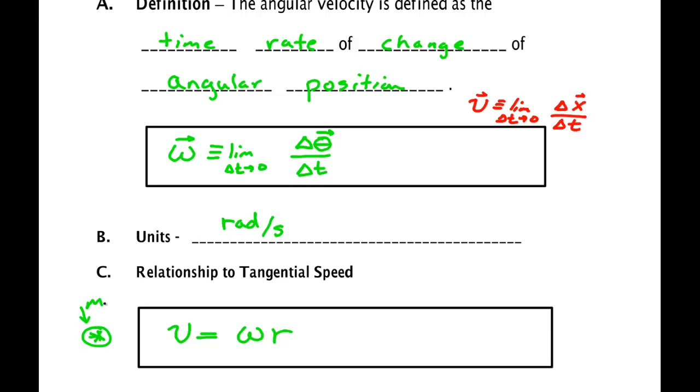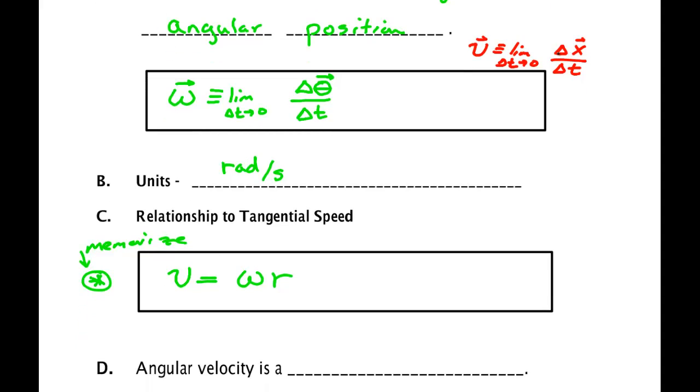I'd say memorize. Now, how did we get that? It turns out that all we did is that we just went ahead and used these types of definitions. We found the change in x, which in our case for going around the circle is s, and we divided that by time, and we ended up with this equation.